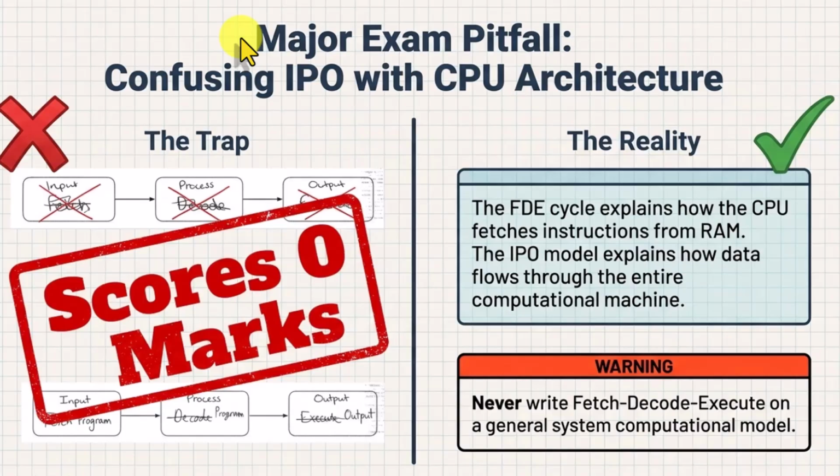The FDE that we will be studying in the next videos explains how the CPU fetches instructions from RAM and executes them. But the IPO model explains how data flows through the entire computational machine. So never write fetch, decode, execute for a general system computational model. For general system computational models, you simply write IPO.